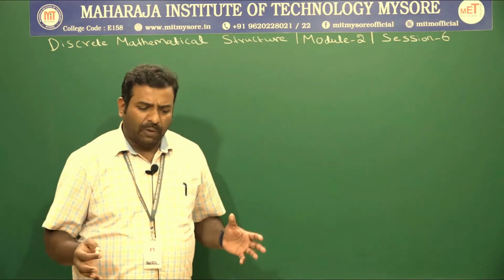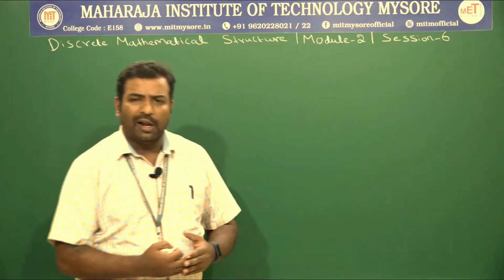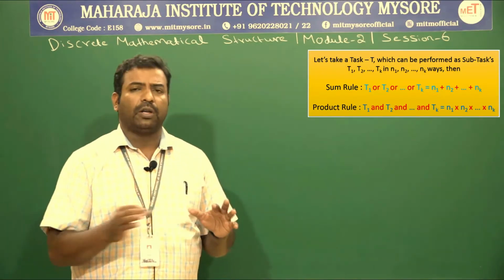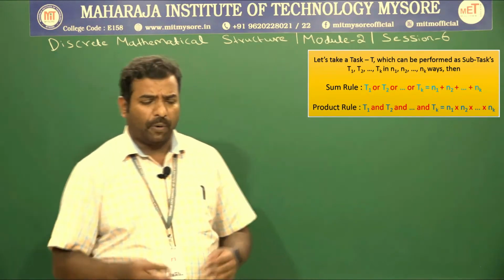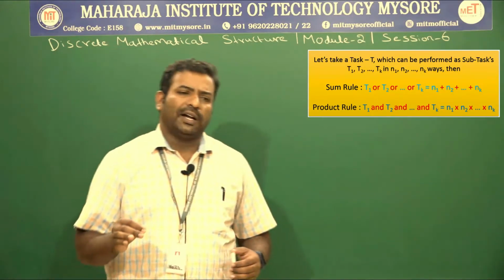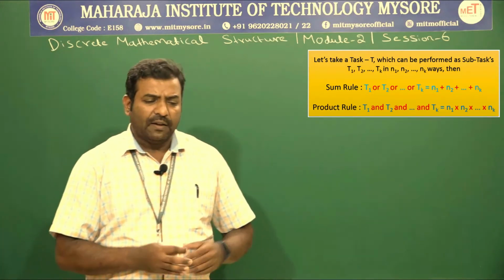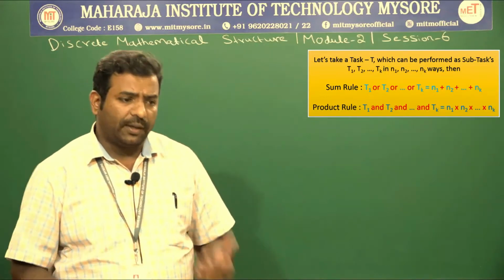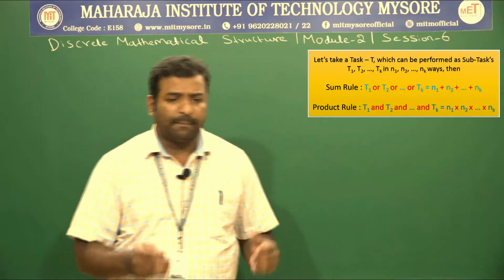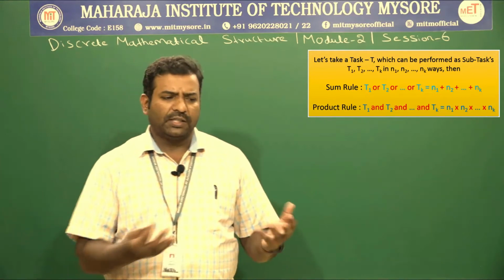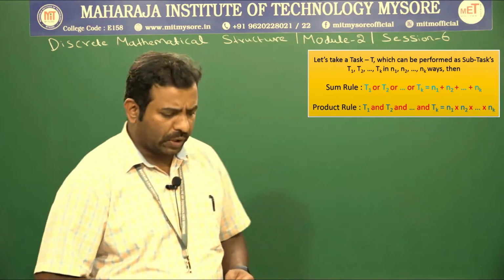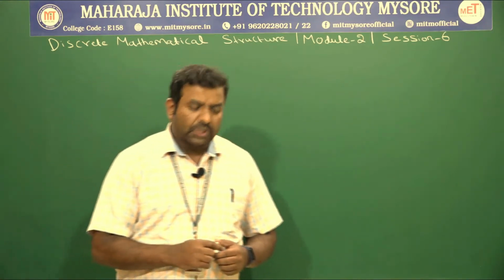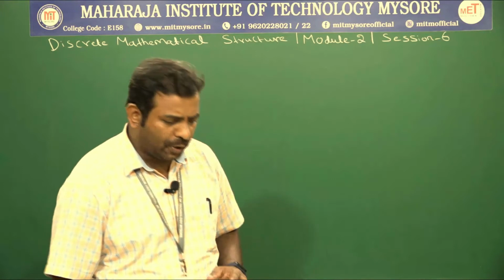That was all about the sum rule and the product rule, and in exactly what given scenario or problem you need to analyze and say whether you need to use a sum rule or a product rule, or at certain times, as I mentioned in the last example, both the sum rule as well as the product rule.